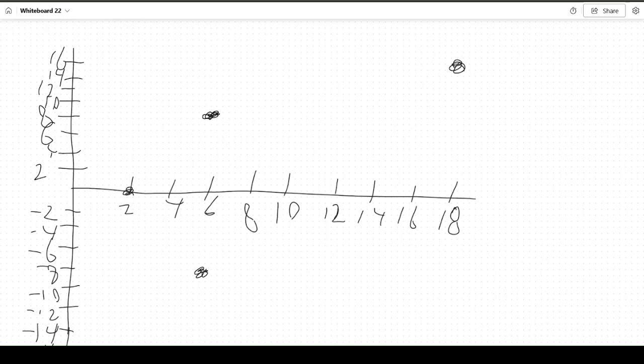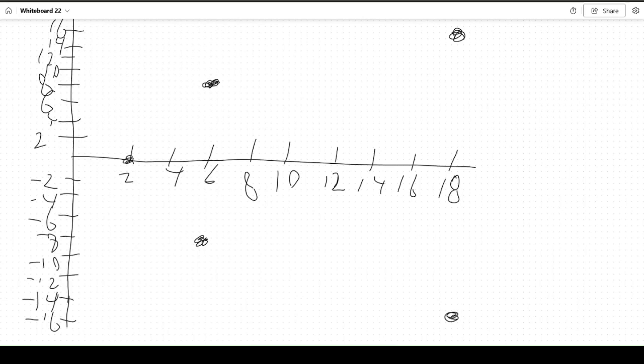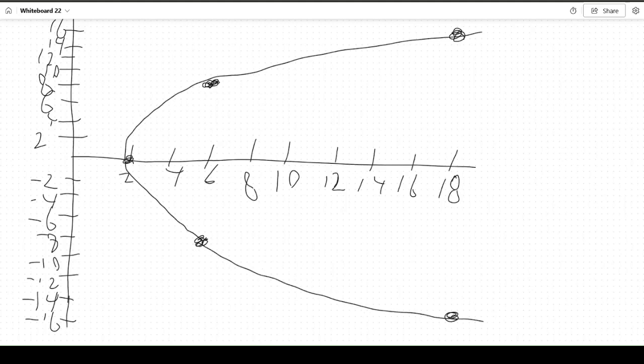When you're doing this, it doesn't have to be perfect, it just has to get the job done. So we did our final thing.